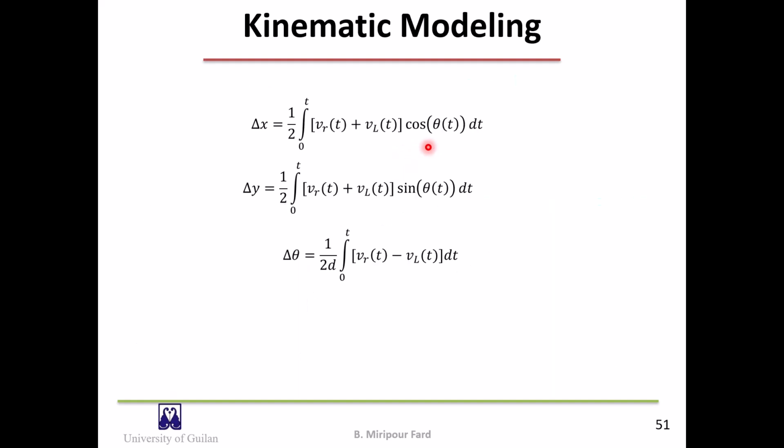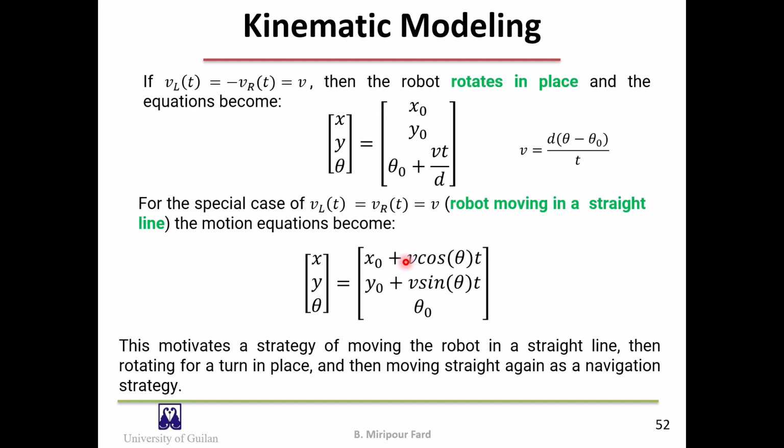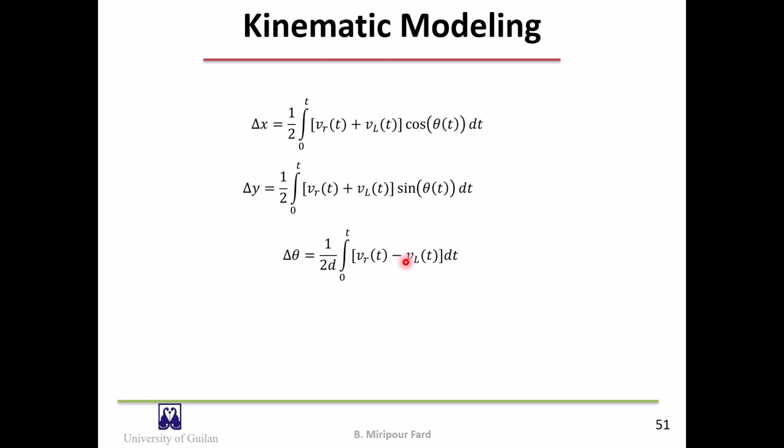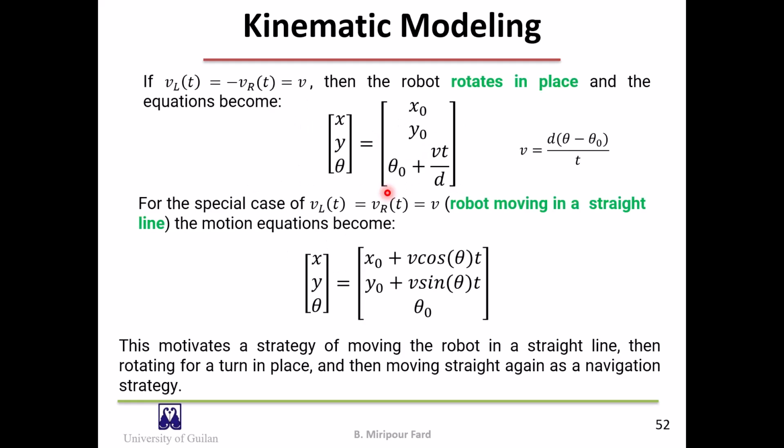So in these equations, VR plus VL will be 0. So the position of the robot will be constant, and just the orientation of the robot will be changed. We can simply obtain the pose of the robot with this relation, and also with algebraic manipulation, we can obtain the action in this form.